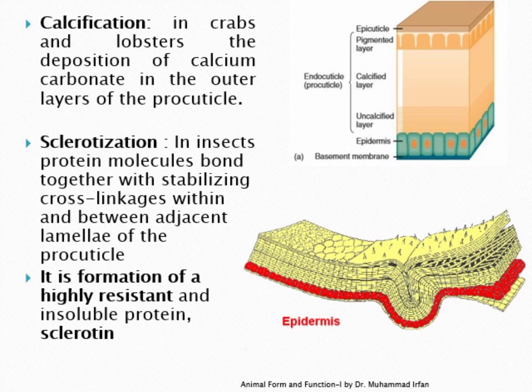So they are present in the hard parts of the exoskeleton and the body. It means the composition of the exoskeleton changes as the function of the organs changes. The exoskeleton may be made up of simple cuticle, or calcified cuticle, or it could have sclerotin in certain parts of the body.